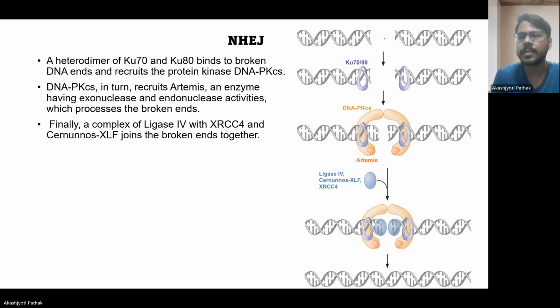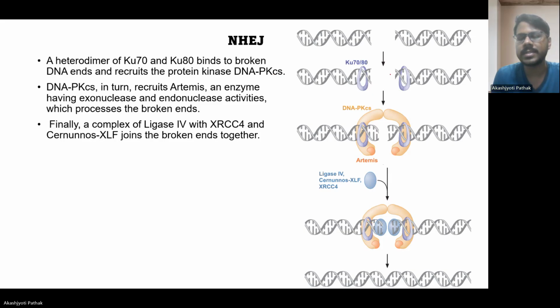Once this double-stranded break is generated, the protein KU70/80 is recruited. A heterodimer of KU70 and KU80 binds to the broken DNA ends and recruits the protein kinase DNA-PKcs.